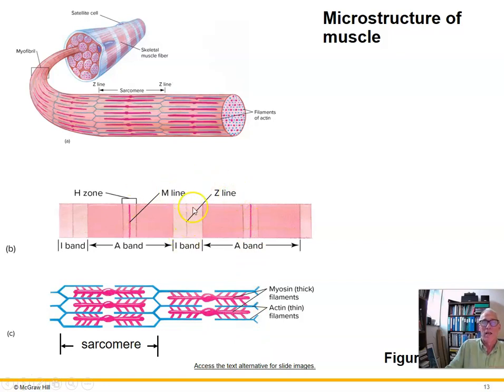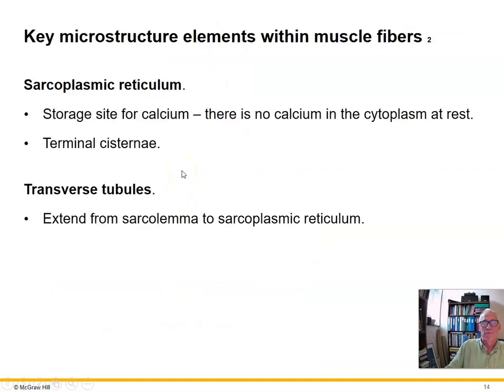Wherever there is no overlap, here where we're looking at the Z line and just actin filaments, it makes a light-colored band. So when we look at skeletal muscle in the microscope, it's striated, it's striped. That's because of these differences in density of the cytoskeletal proteins at particular muscle lengths.